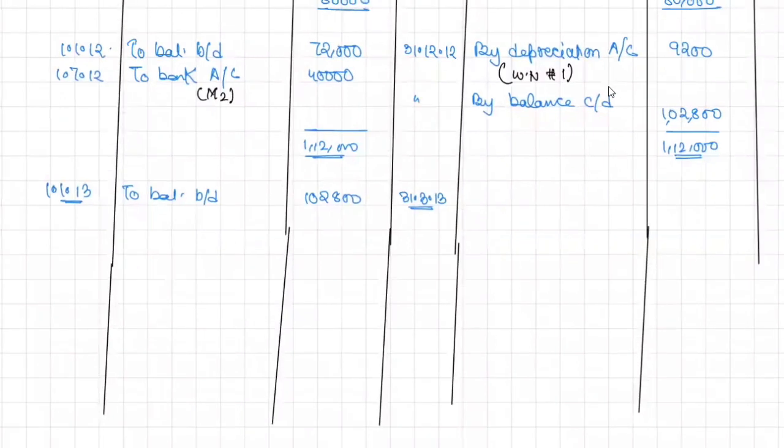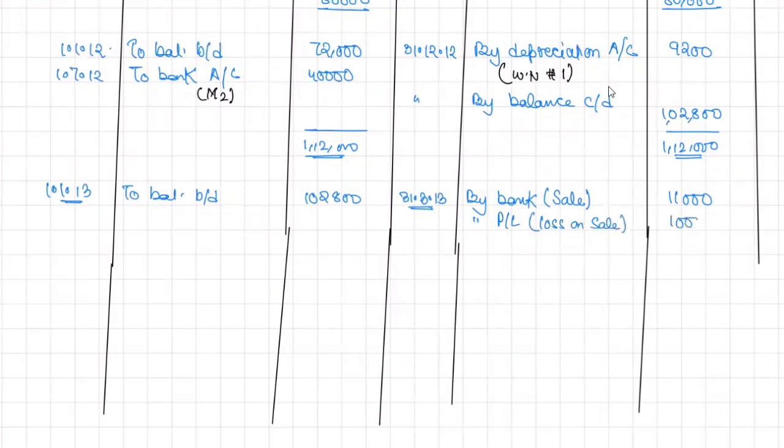So that means by bank, that is sale, how much amount? 11,000. But how much did it cost you? It was costing rupees 12,000. That means 1,000 is the loss, correct? So what you can do, by profit and loss account, that is loss on sale, will be 1,000 plus depreciation will also be there for that, correct? By depreciation account will also be something.